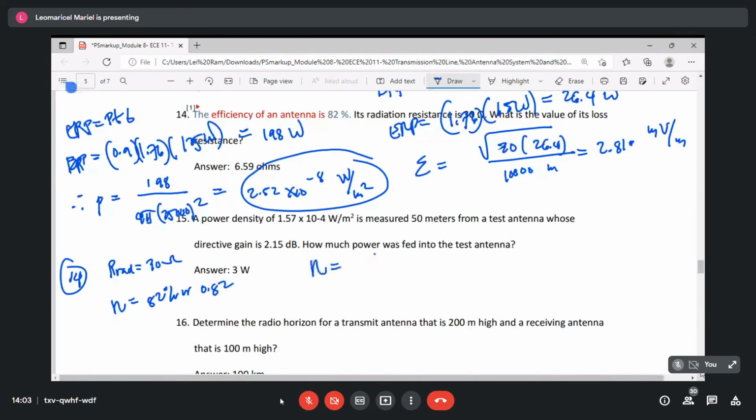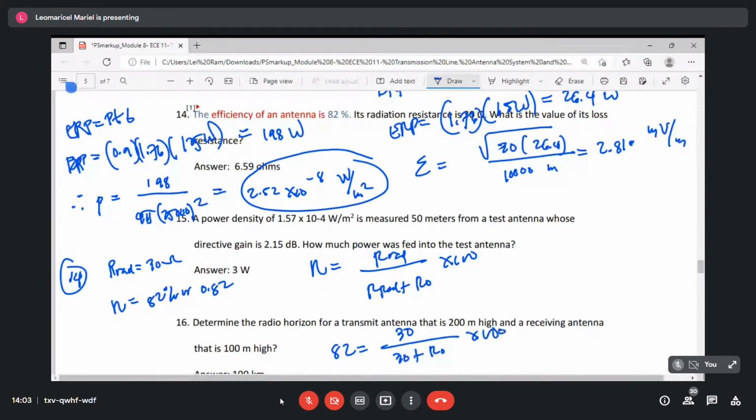Tinatanong is the loss resistance. So, tandaan natin, efficiency is equals to R rad over R rad plus R ohmic resistance times 100. Okay? So, since 82 siya, so 82 equals, ang radiation resistance mo 30 over 30 plus RO times 100.